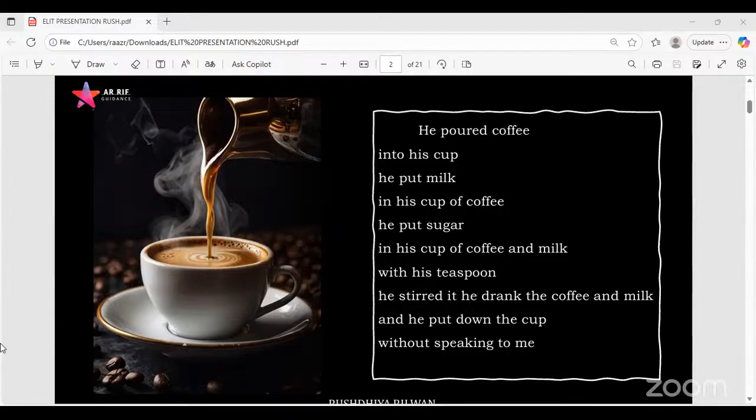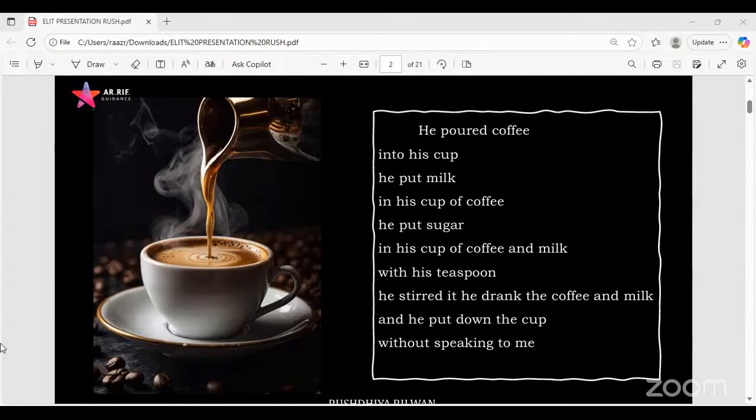The man is preparing and drinking his coffee, but what stands out is not what he does, it is the silence. There is no conversation, no warmth and no connection. The speaker notices the silence and feels hurt. So the first emotional message of this stanza is the painful feeling of being ignored.